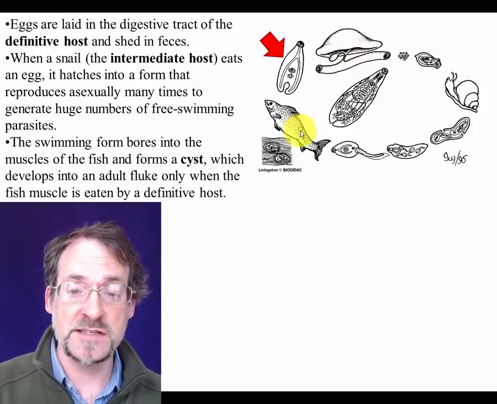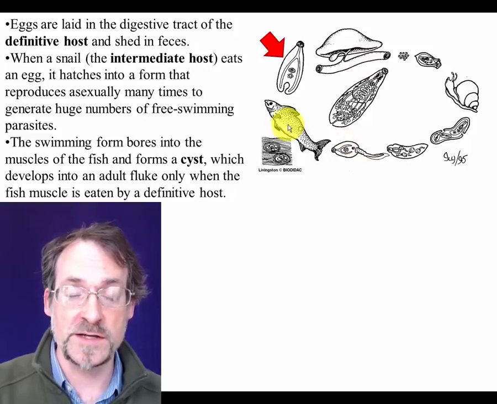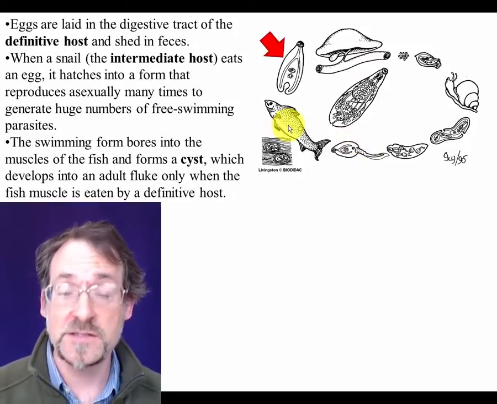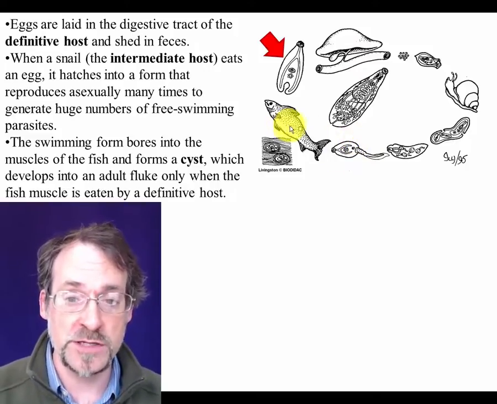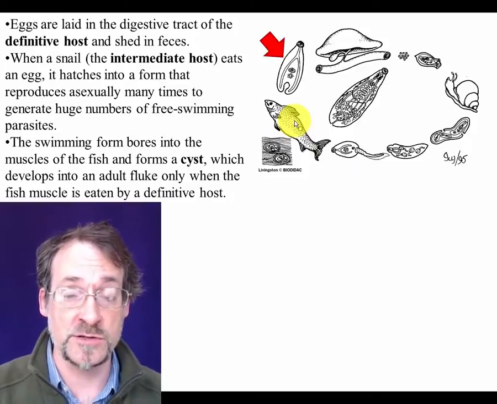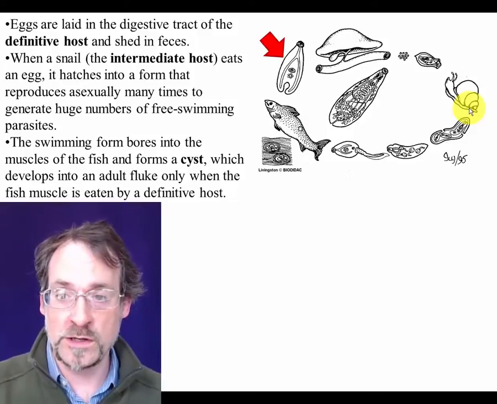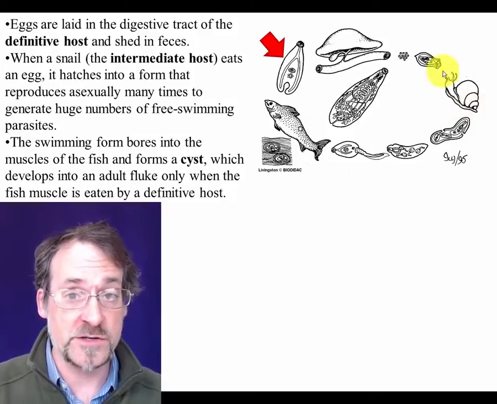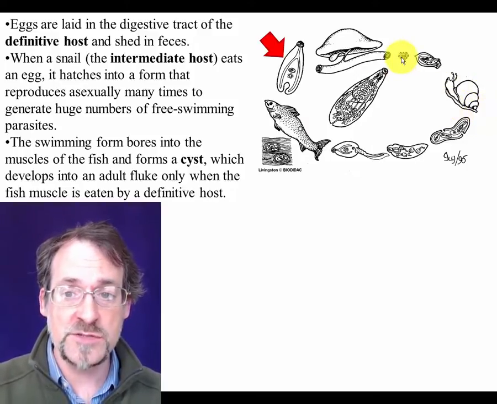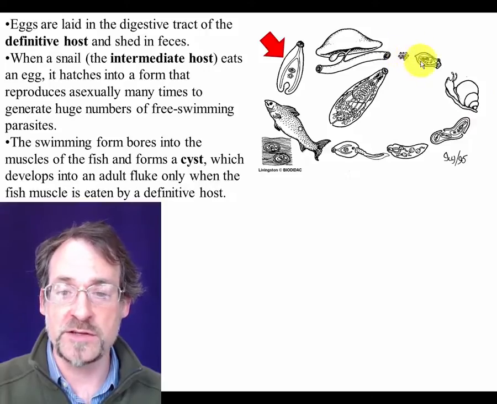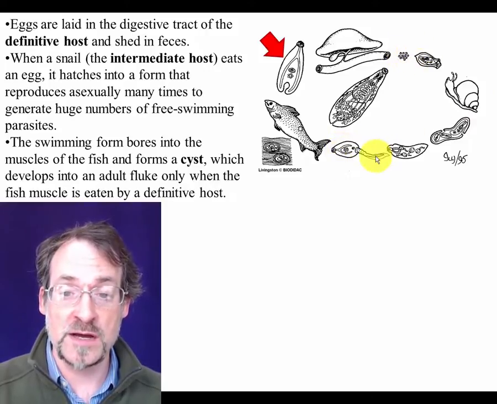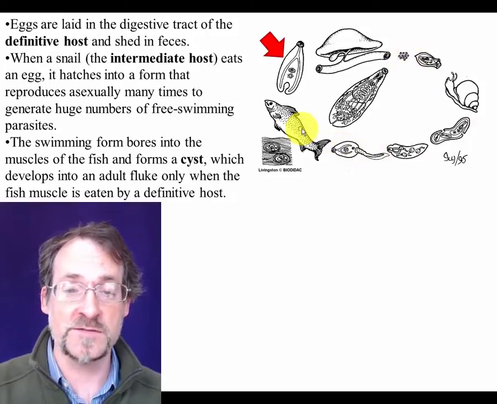It's as though these cercariae are finding their way within bait for that definitive host. They're putting themselves inside something that other host is going to eat. But if it weren't for the intermediate host over here, each one of these eggs would have to become a cercaria by itself and then find a fish.